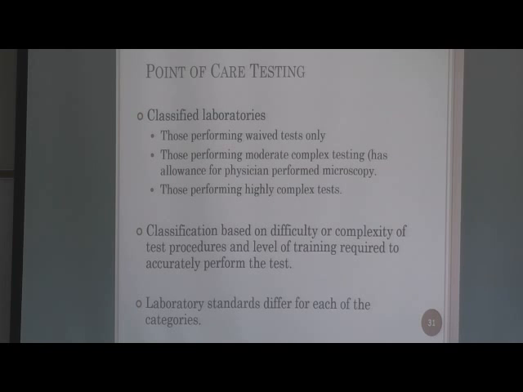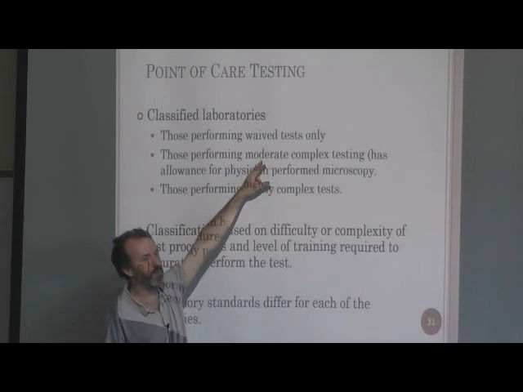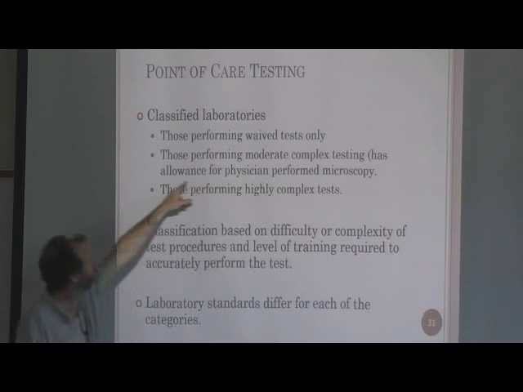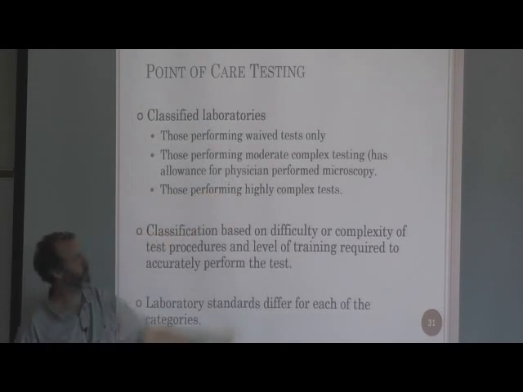So with point-of-care testing, laboratories are classified by what kind of tests they can perform. You have those that perform waived tests only, and we'll go on to what waived tests are. Those performing moderate complex testing include allowances for physician-performed microscopy. You guys taking hematology?